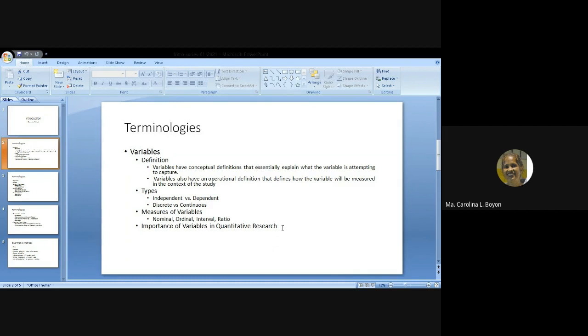So a conceptual definition explains to us what the variable would like to characterize or to capture, while an operational definition would be the meaning of that variable with respect to the study. Okay, so it will have to be the scope of the meaning of such variable within the context that it is used in that specific study.